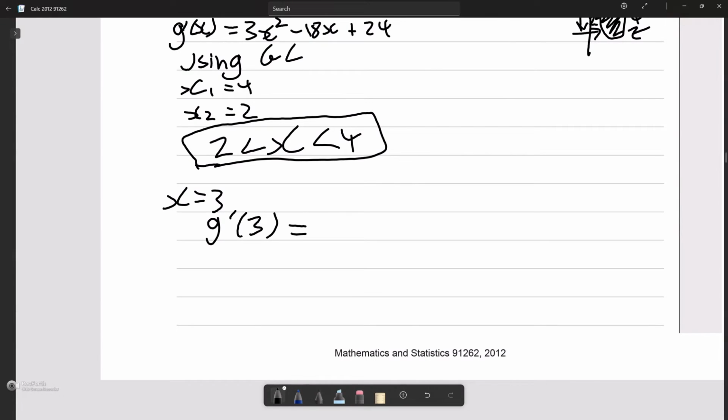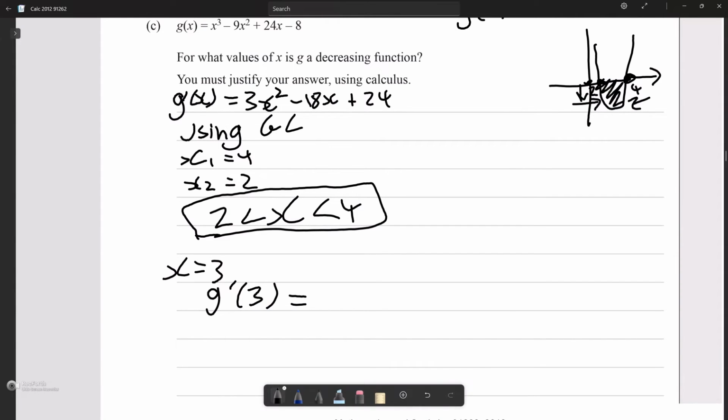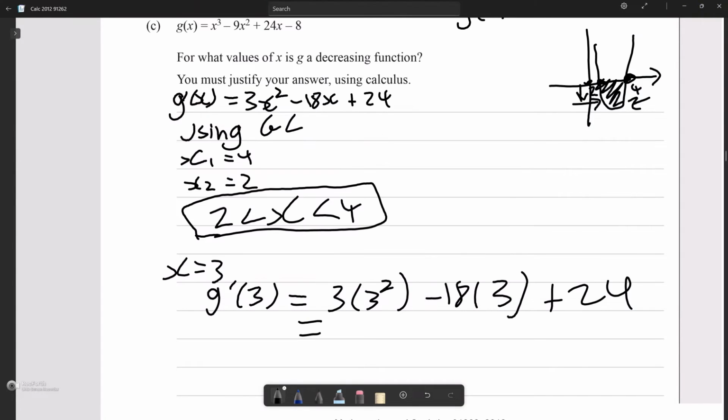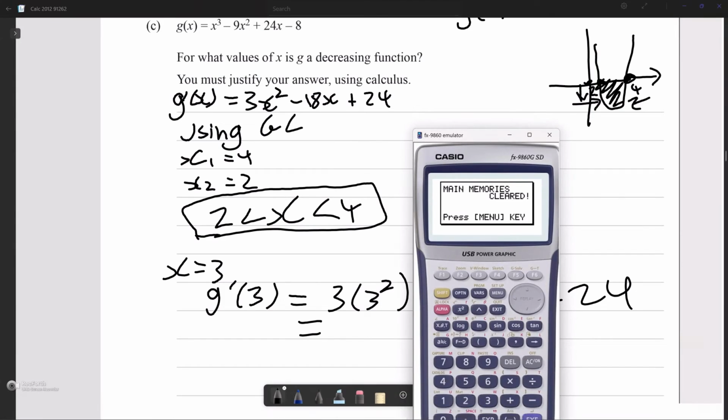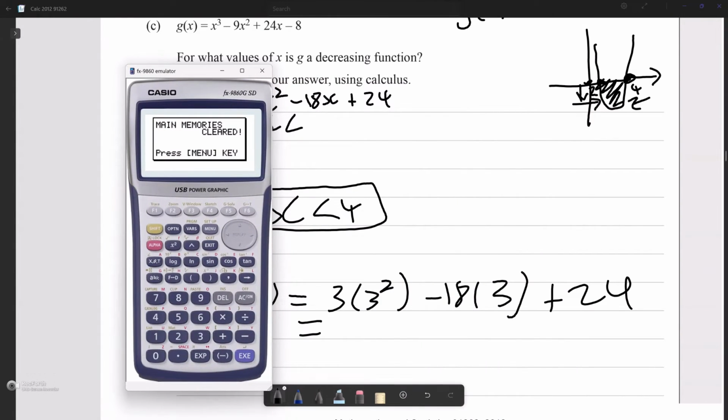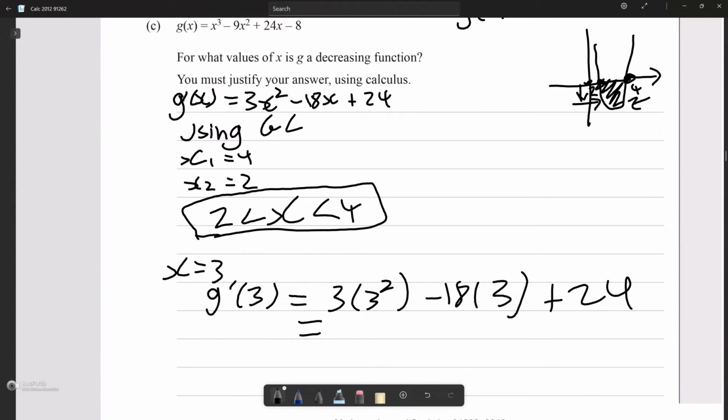So then g dash of 3 will be equal to 3 times bracket 3 squared minus 18 times bracket 3 plus 24, which is negative 3.